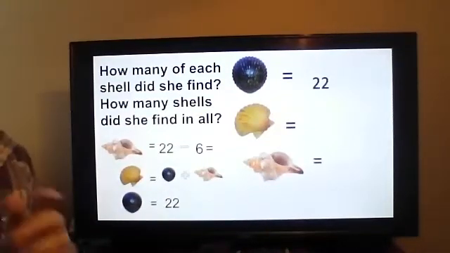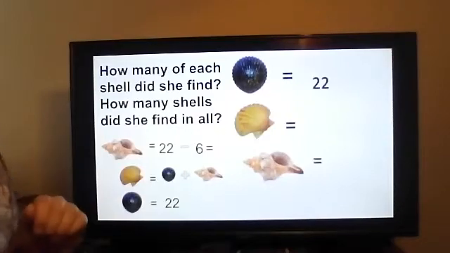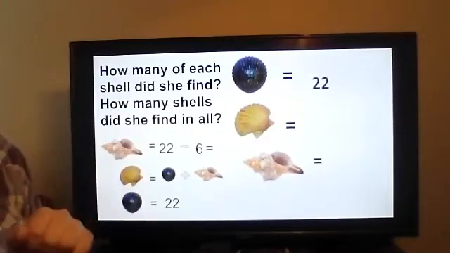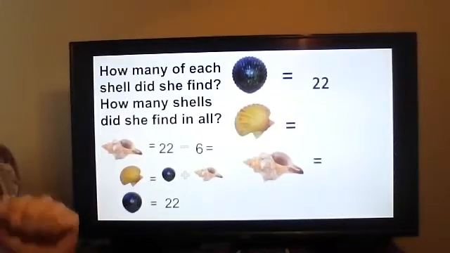Now you can use manipulatives at home. You can use scrap paper. You can use all sorts of different things to help you out, whatever works best for you. But I'm going to go ahead. Now I used to use my fingers. So I'm going to count down 6.